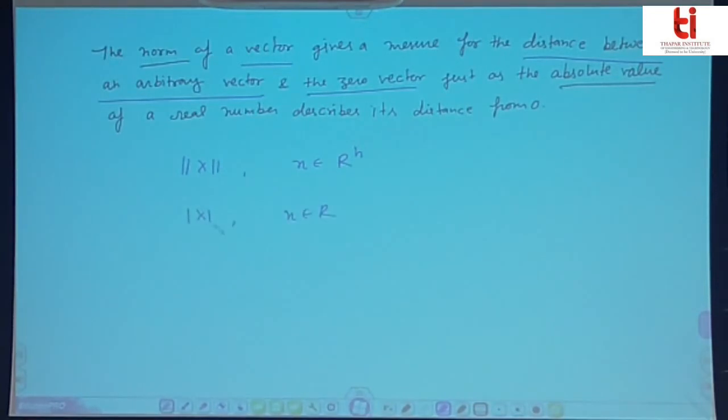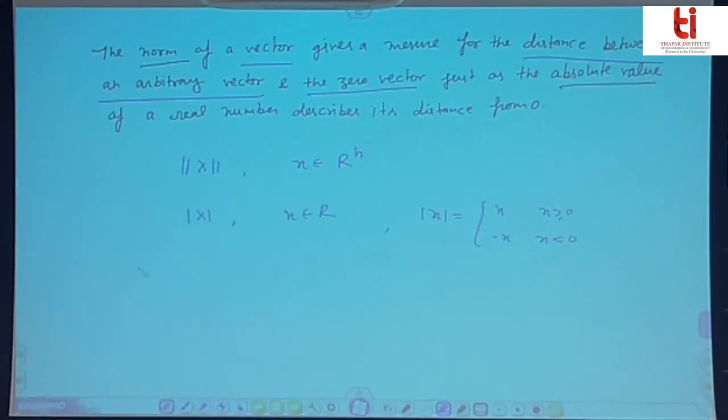So norm and absolute value are the same whenever x belongs to R only. Now you know the definition of absolute value: x when x is greater than 0, and minus x when x is less than 0.